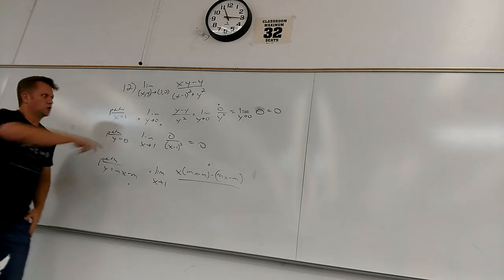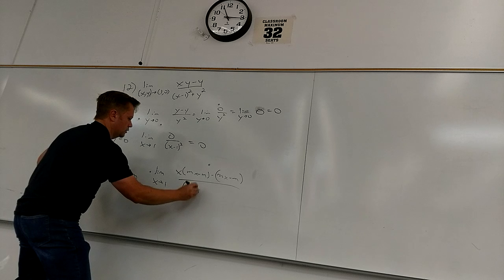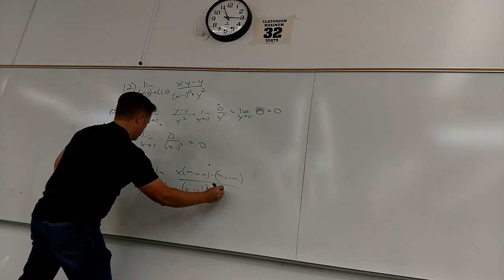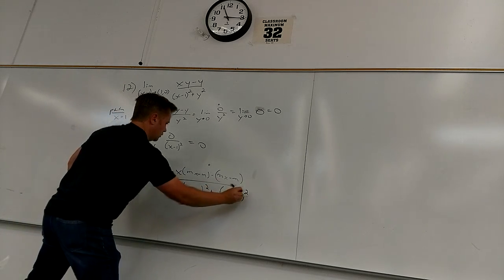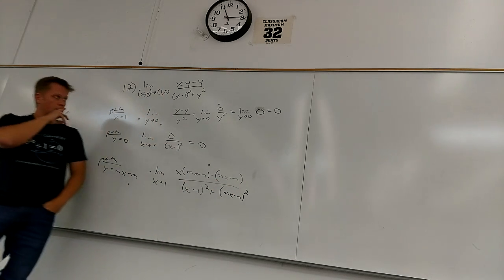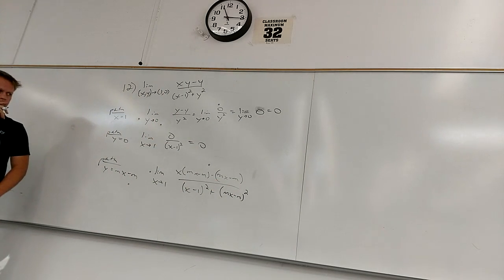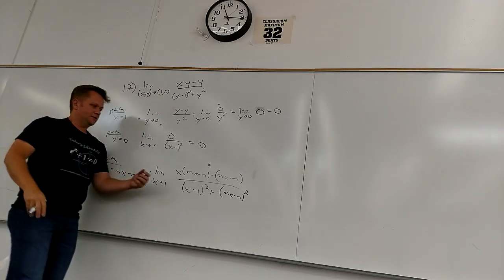Over, what again? x minus 1 squared plus mx minus m, that's squared. Yes, squared. Gross. There's one little thing you could do here.